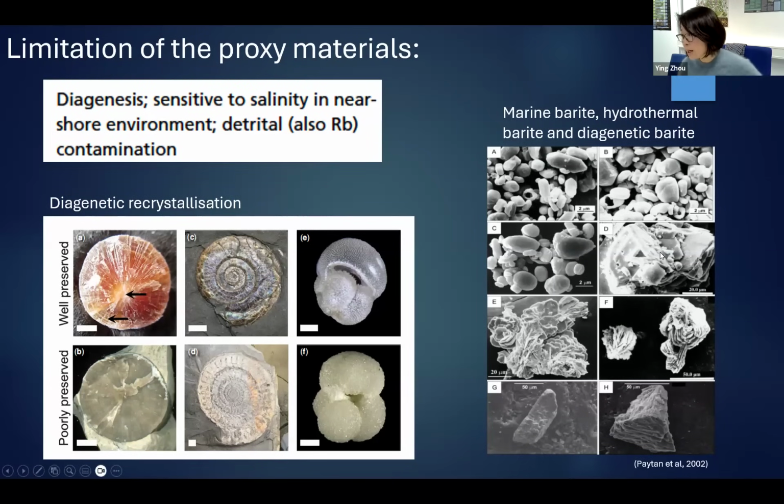And compared to hydrothermal barite, which is DEF, you can see it's morphologically quite different, and also the diagenetic barite. So they not only differ in their isotopic composition. Obviously, these first three, the marine barite, will be representative of the seawater strontium isotope, but the other ones are clearly morphologically quite different.